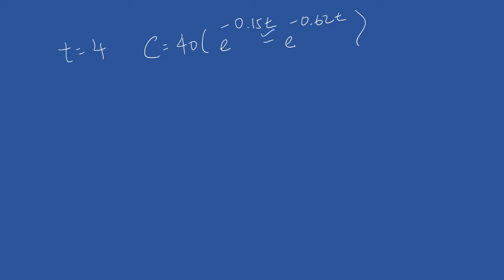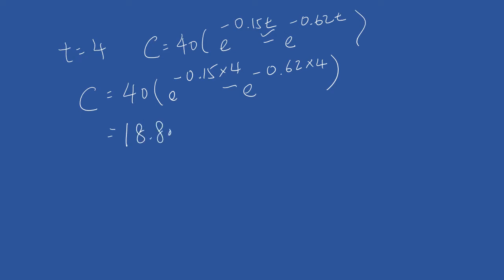Just let me write down all the values: 40 (e^(-0.15 × 4) - e^(-0.62 × 4)). Solve this equation, your answer will be 18.8 mg per liter. So this is the concentration when t is equal to 4.